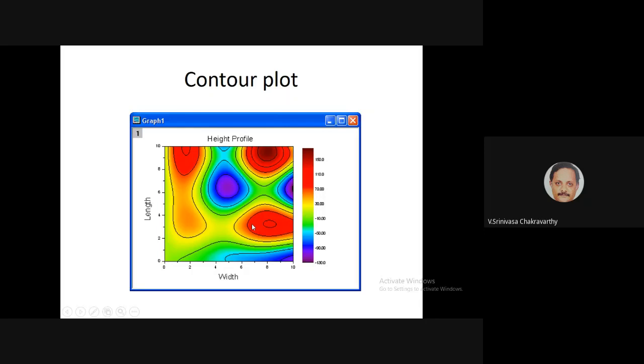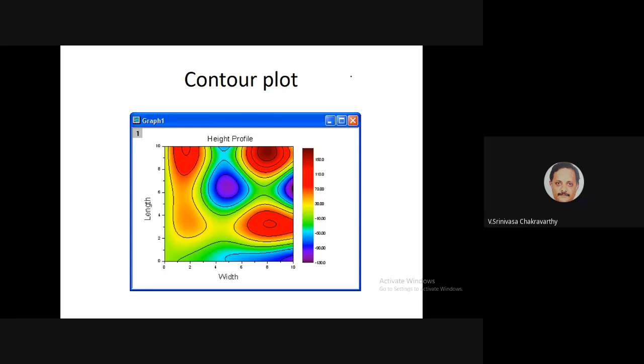But in addition, they have also added contours. We talked about level curves, I think a couple of classes ago. So you have some function z is equal to f of x comma y.